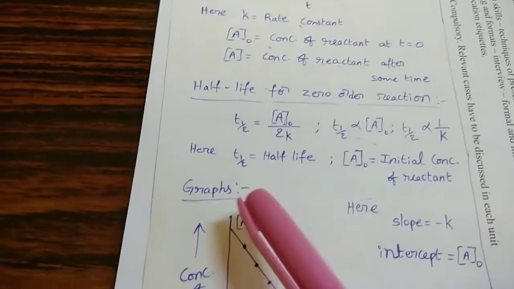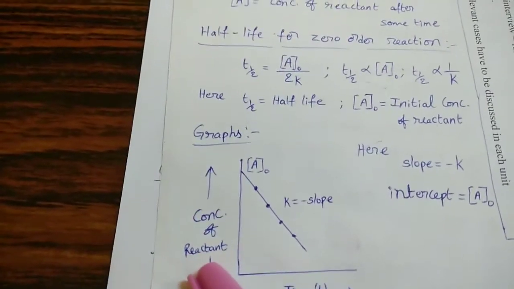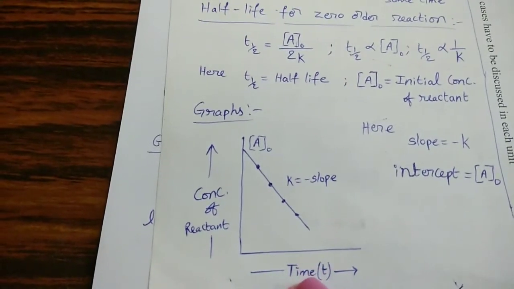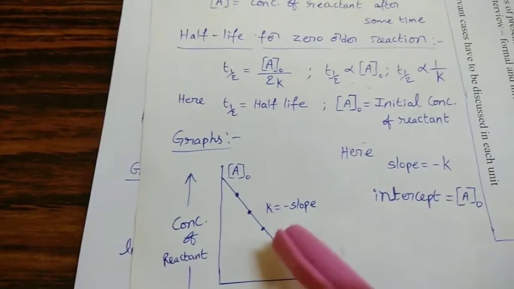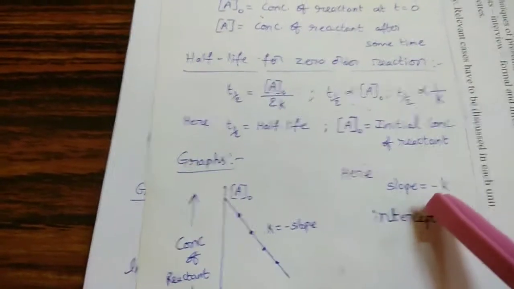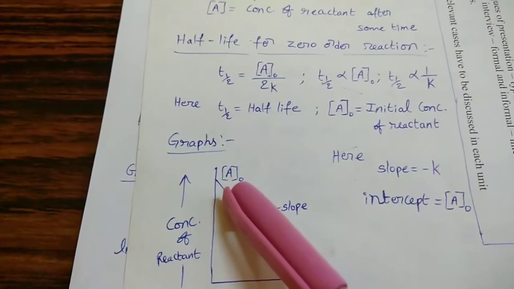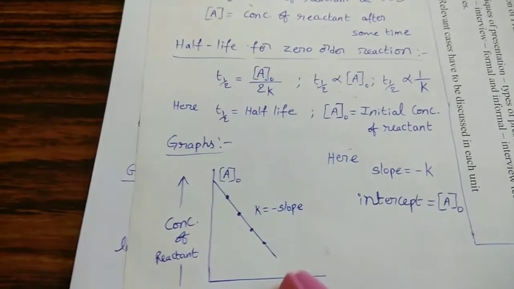Graphically we can represent this 0 order reaction. Concentration of reactant is on the y-axis and time t on the x-axis. We can get a line like this. If we find the slope, it is equal to minus k, and the intercept is equal to the initial concentration. This is the initial concentration, which becomes the intercept for this straight line.